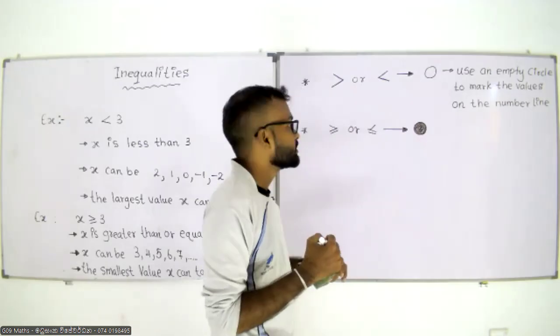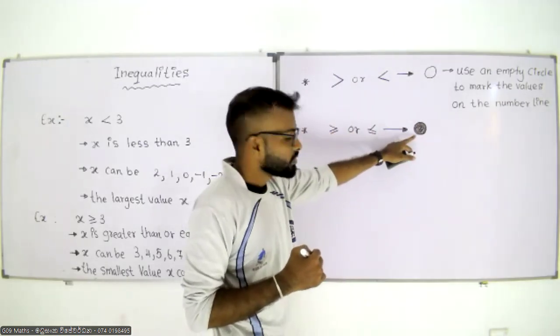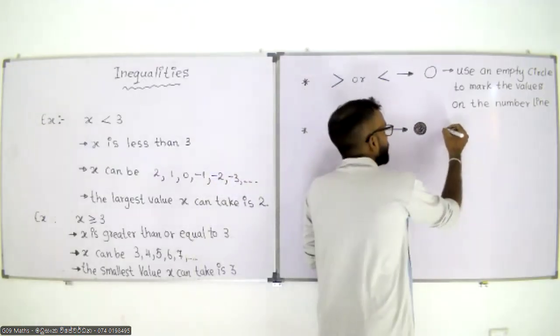That is the difference: just inequality, empty; inequality with the equal mark, filled, shaded.